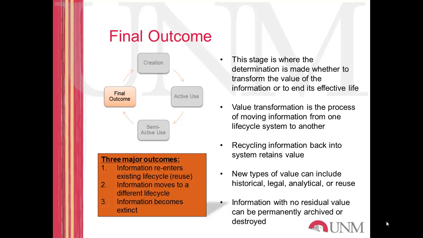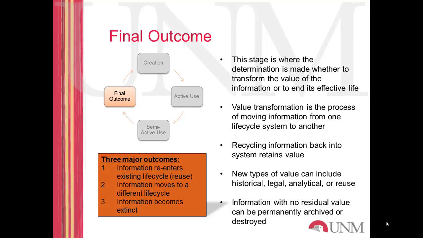The other kind of transformation is that the information takes on a new kind of value and then moves into a different life cycle system. So, for example, historical information about a company, while the records may not have any use for the company operationally today, they may need to move that information off to an archive or a records management facility so that it can be maintained for legal reasons.